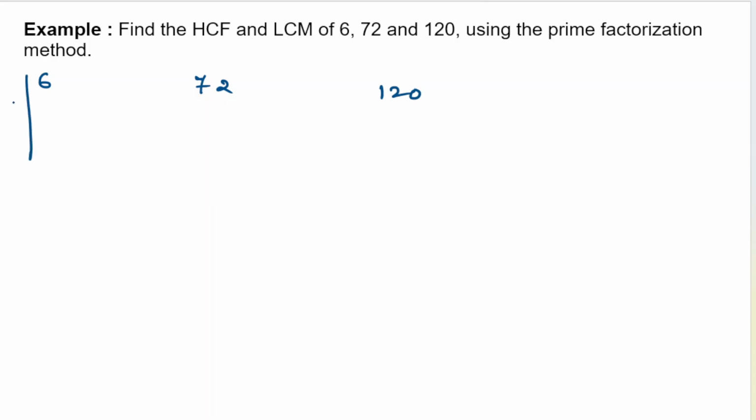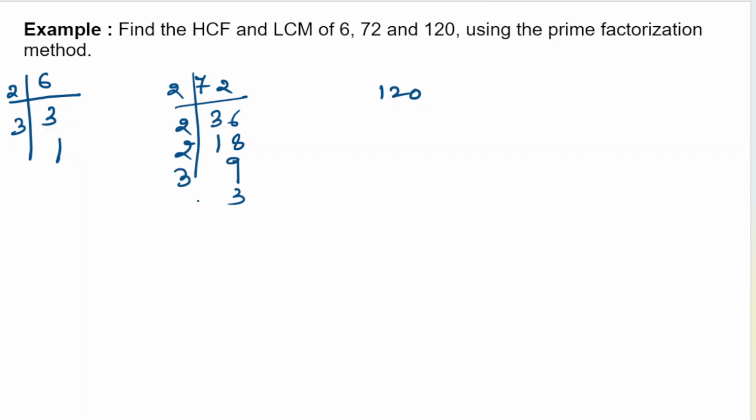So first we will calculate the prime factors of 6, which is 2 into 3. For 72, we find the prime factors by dividing by 2 repeatedly. Now we will calculate the prime factors for 120.